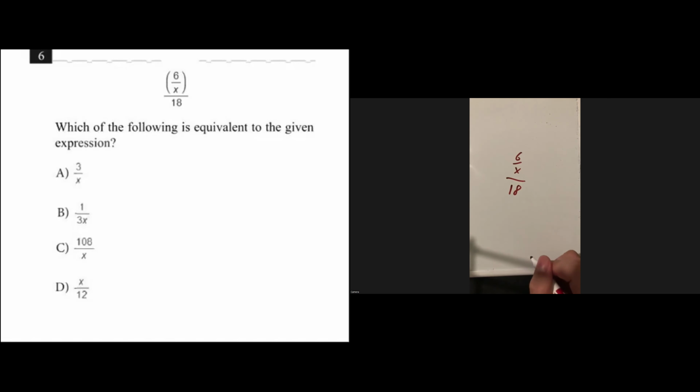We're finding an equivalent expression. So 6 over x is essentially the same thing as 6 times x to the negative first over 18. These two are the same thing. So x to the negative first is the same thing as 6 over 18x. And then 6 over 18 can be simplified into 1 over 3x. So correct answer would be answer choice B.